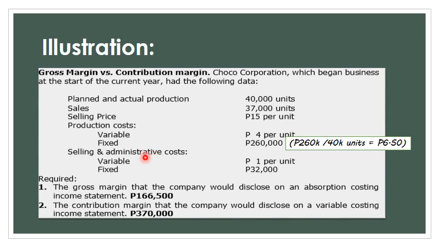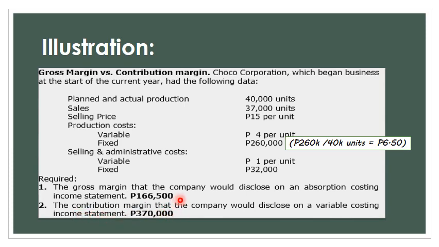Then, given din dito yung selling and administrative cost, variable is 1 peso per unit and the fixed cost is 32,000 pesos. The requirements are: the gross margin that the company would disclose on an absorption costing income statement and the contribution margin the company would disclose on a variable costing income statement.